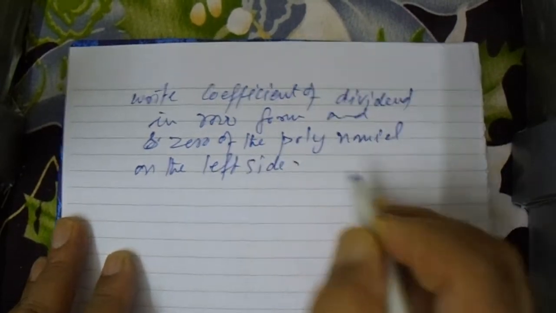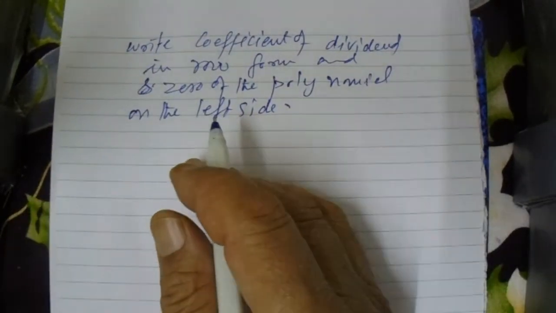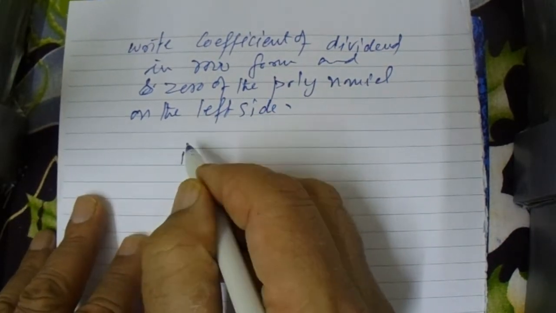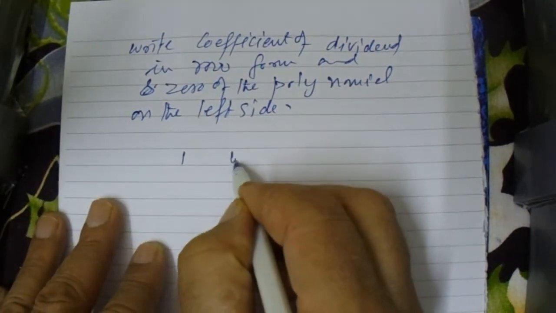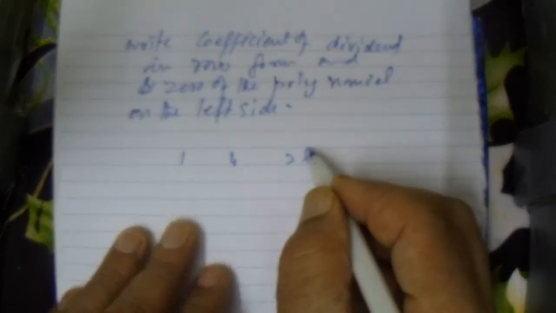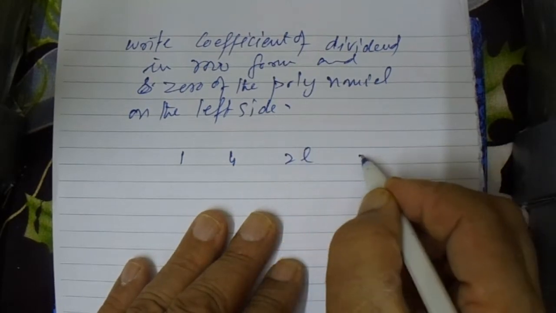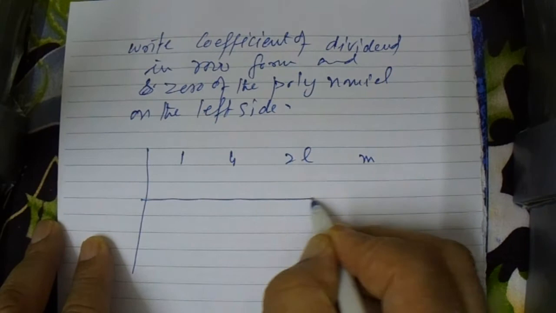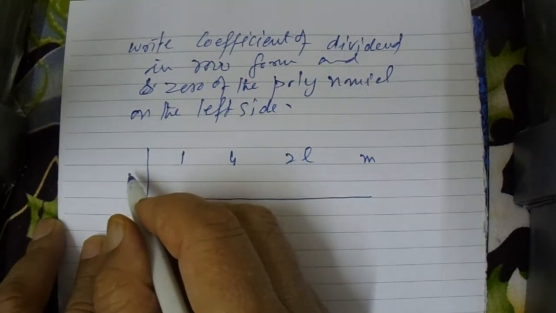The coefficients of the polynomial are 1 for x³, 4, 2l, and m. Now the first zero of the polynomial is minus 3.